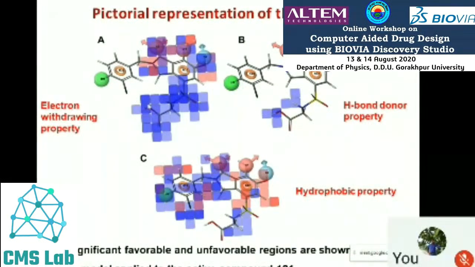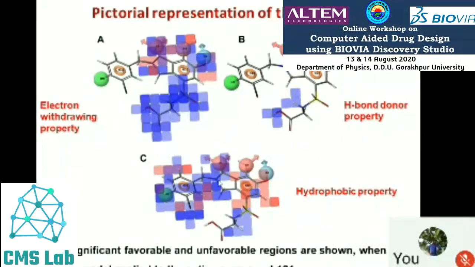These blue contours show that these regions can be improved for electron withdrawing property. In B, there are very few blue cubes, which shows the region where we can improve the hydrogen bond donor property. And in C, these regions are very favorable for hydrophobic property.